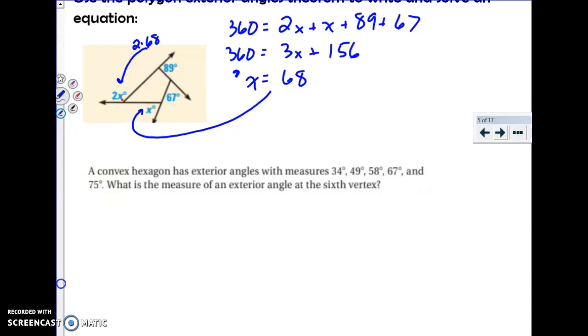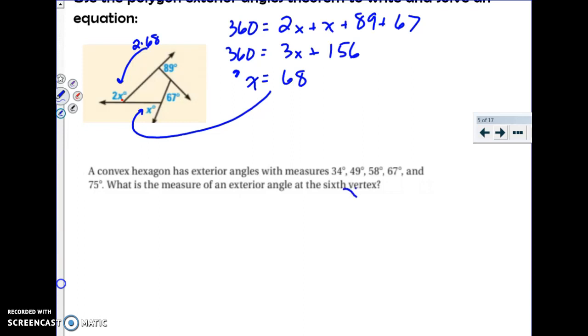All right, I think this is the last thing I have for you. And then you're going to come in and do some identification activities with me. Basically this first section, again, is just getting familiar with the polygon interior angle sum and the exterior angle sum. So next, we're told we have a convex hexagon with those exterior angle measures, and what's the 6th one.